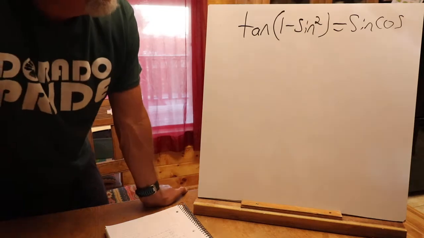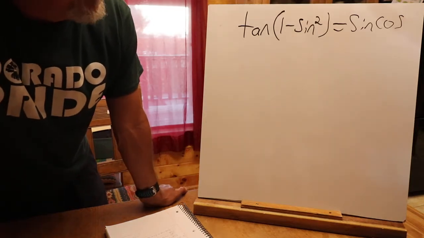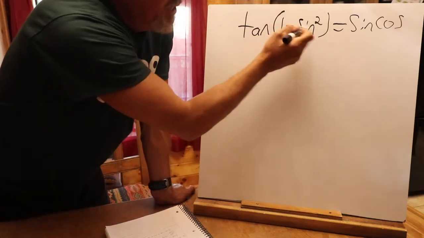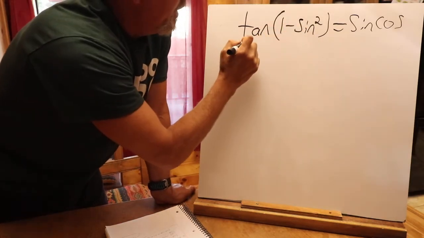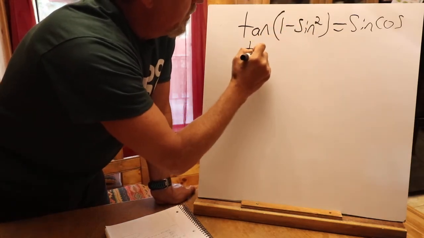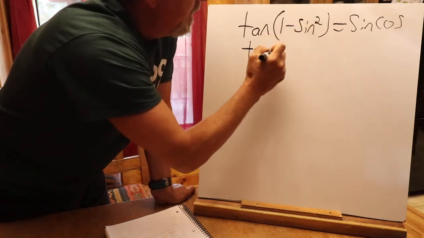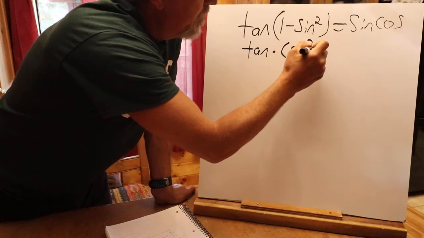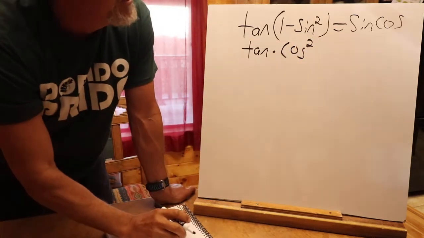Okay, so we're going to make the left-hand side look like the right-hand side. We're going to make it be sine cosine. Here's that 1 minus sine squared again. I'm going to replace it again. So I got tangent, this is going to be cosine squared. So I took the 1 minus sine squared out, and I put a cosine squared in its place.